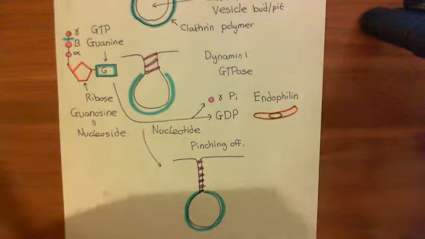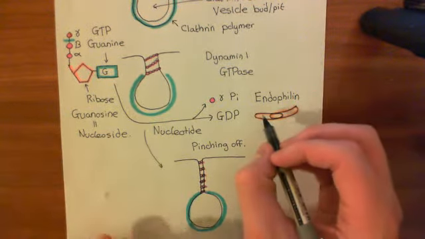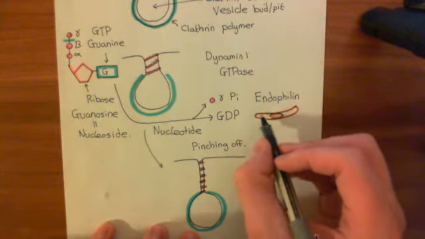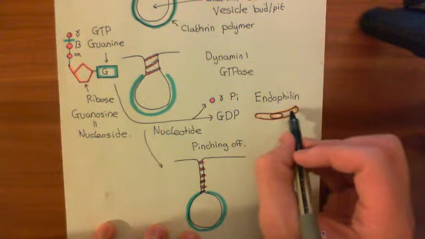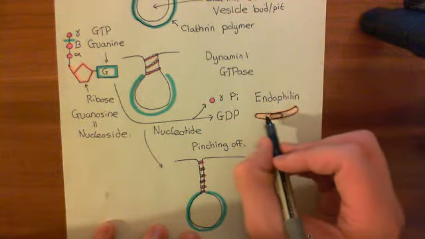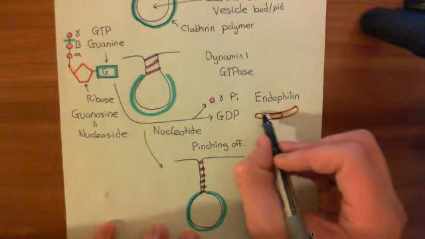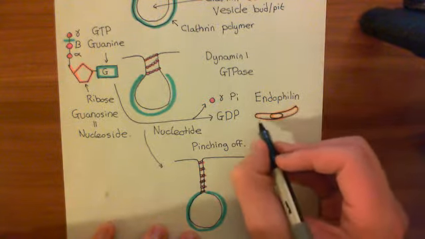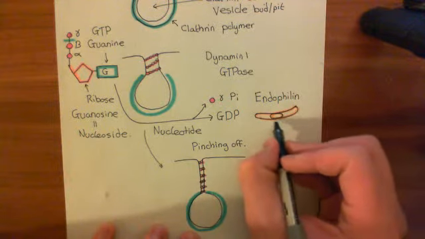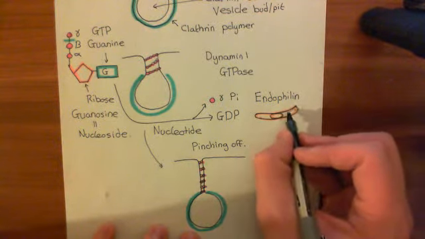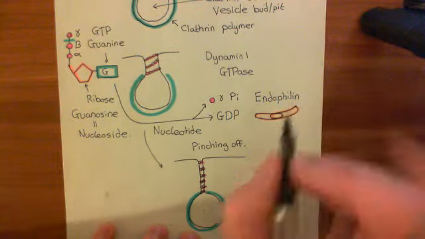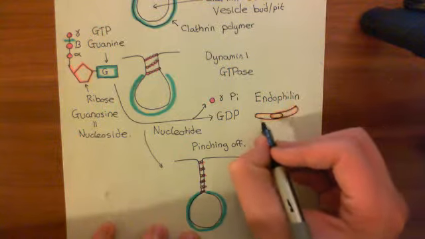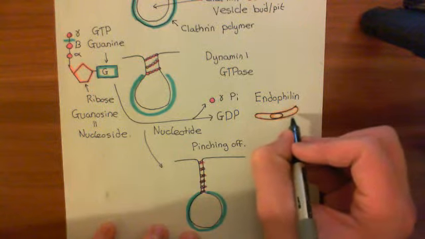And when you look at the charge distribution on these endophilin proteins, this portion is the outer portion, and this is the inner portion. It's the concave portion, that's the proper word for it. The concave side here, whereas this is the convex side.